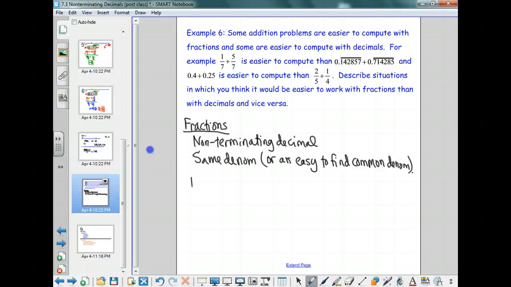When would it be easier to work with decimals? So the first one's easy to write because it's the opposite of what Kayla said for the other ones. If they terminate, right? You might also like to work with decimals a little bit better if they aren't very many digits long.